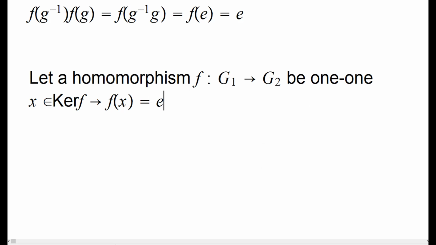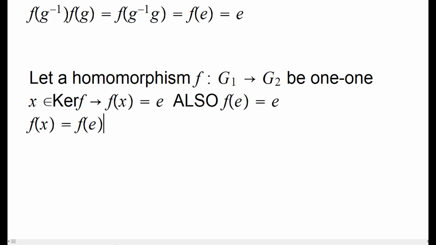But at the same time, we also have F of the identity, which is also the identity. So this simply means that F of x is F of e.